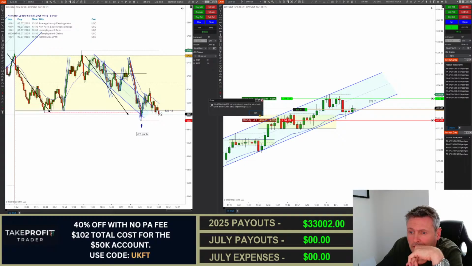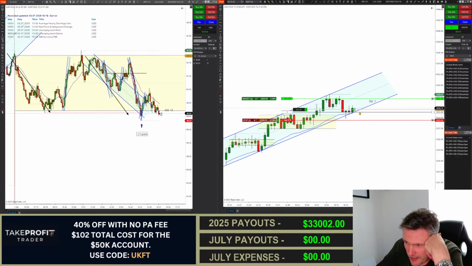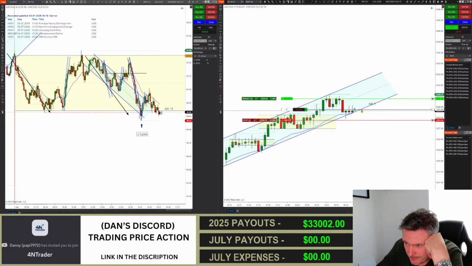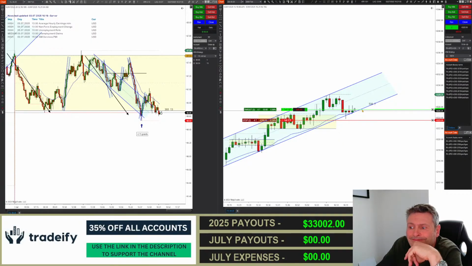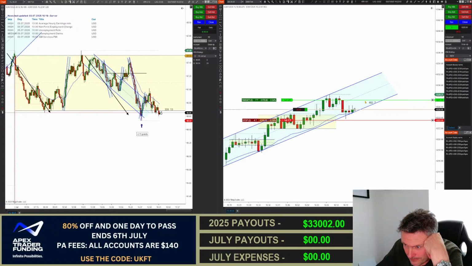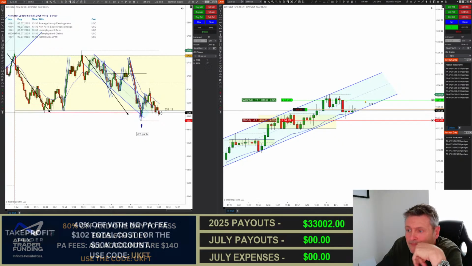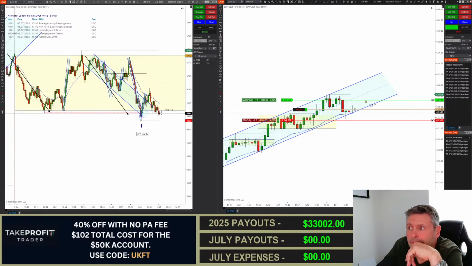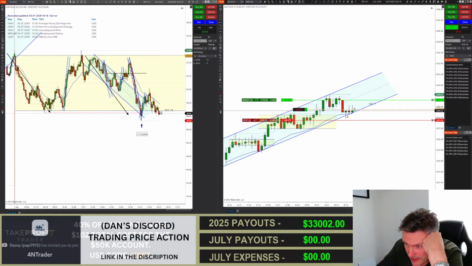Order filled. It's just, I don't like it. Yeah, I know, it looks okay. It's a little sideways, little down, off the key entry point.